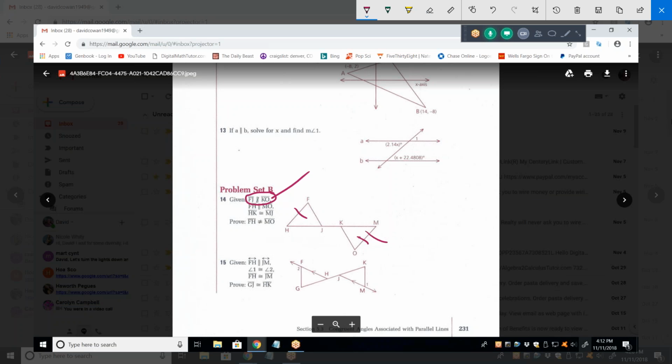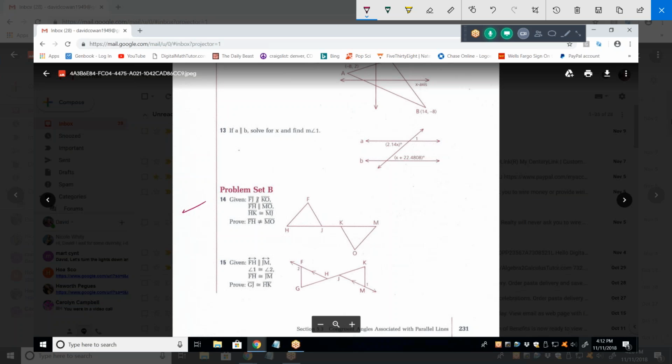Because otherwise the triangles would be congruent and FJ would be parallel to KO. It's an interesting problem. I rarely see problems where you try to prove non-congruency. They usually do congruency. I haven't seen a problem like this in a long time with a lot of geometry students. So it's a little different.